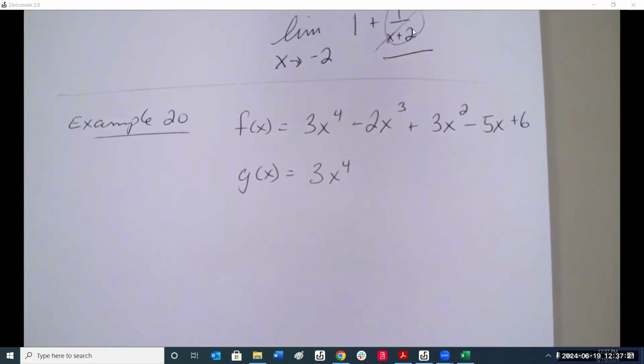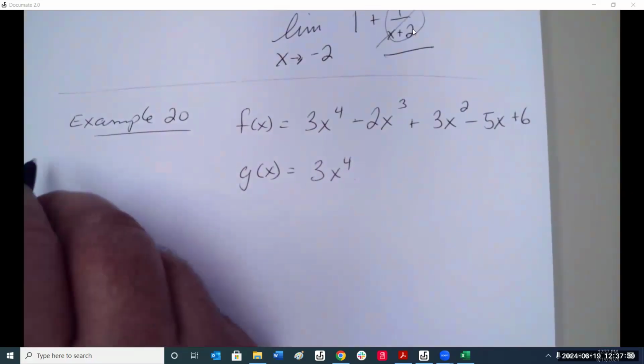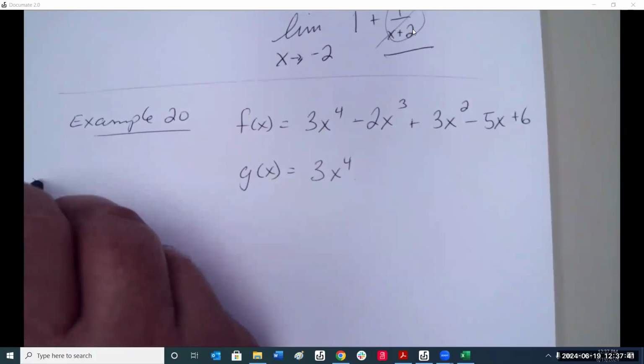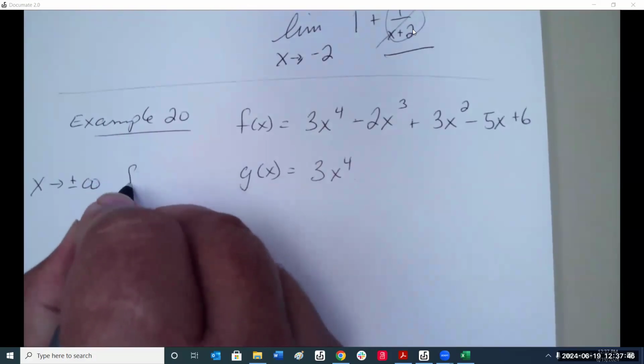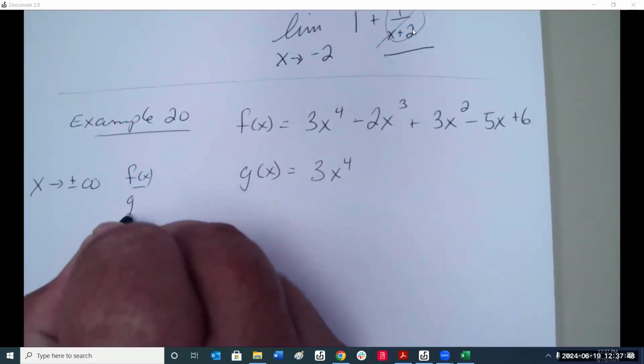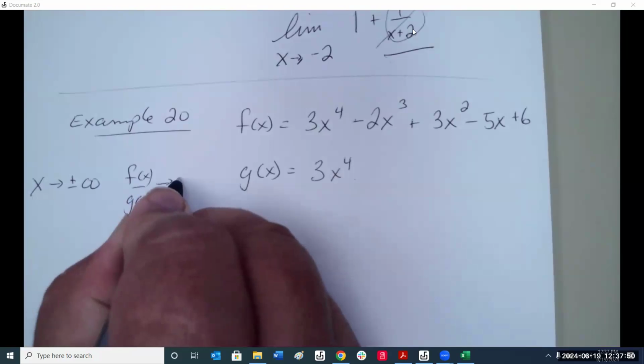Show that although f and g are quite different for numerically small values of x, they behave similarly for very large values of x. Okay, so what they're saying is, as x approaches positive or negative infinity, f of x over g of x approaches 1.